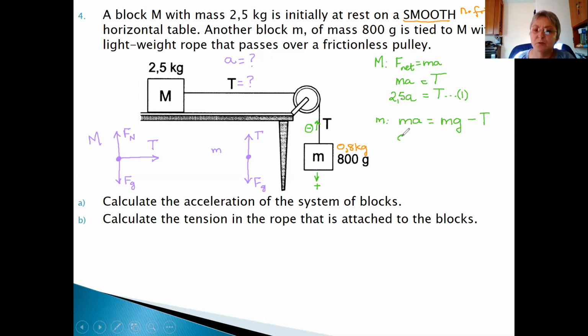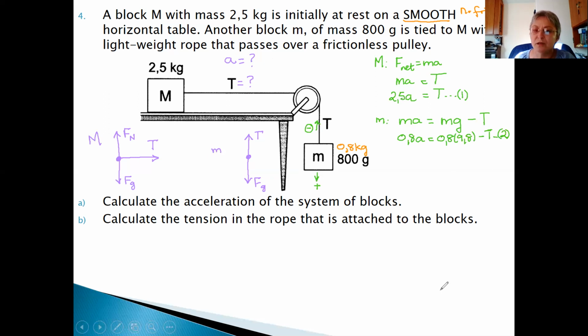So this is 0.8A equals 0.8 times 9.8 minus the T. And this is my second equation.